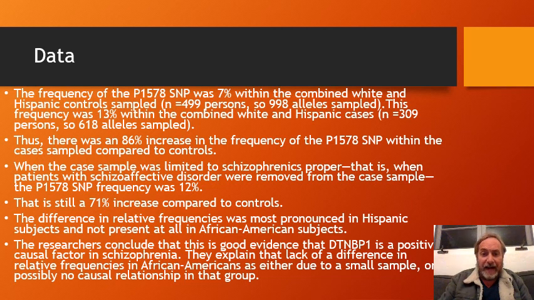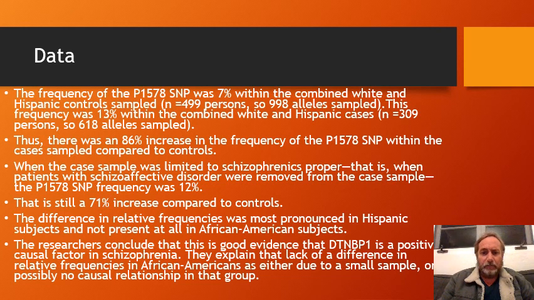There was not actually any difference in African American subjects whatsoever, which is interesting, right? And they sort of brush over it and just say, okay, well, our hypothesis is just going to be about white and Hispanic people, right? But very interesting question as to why, right?